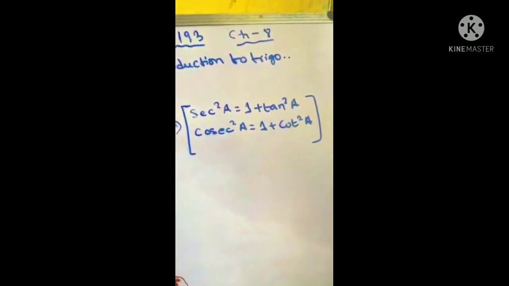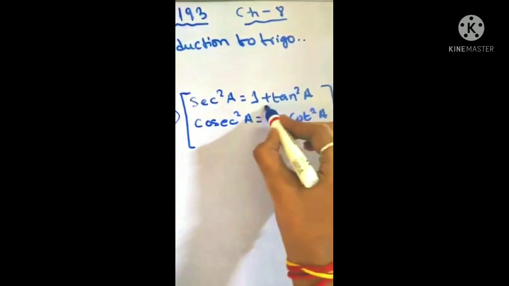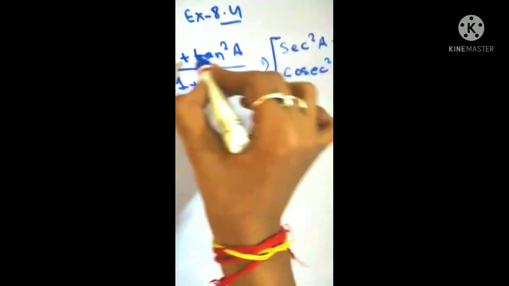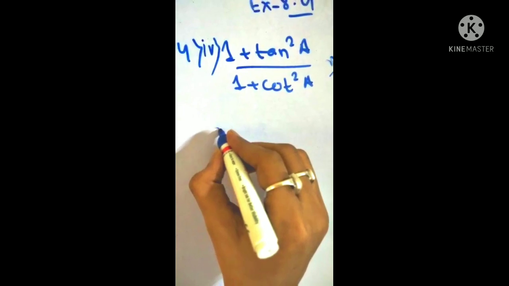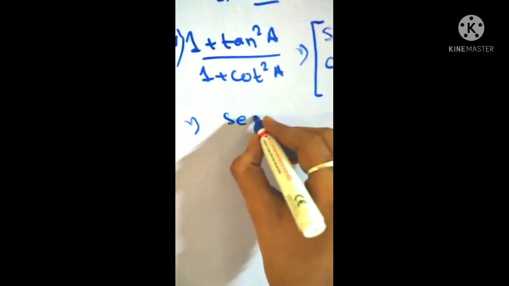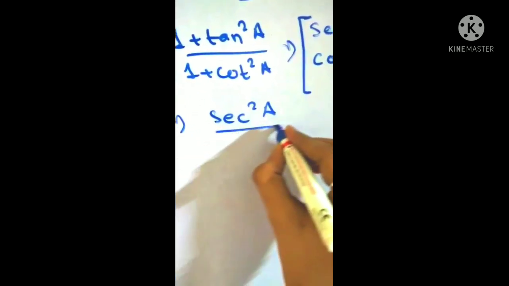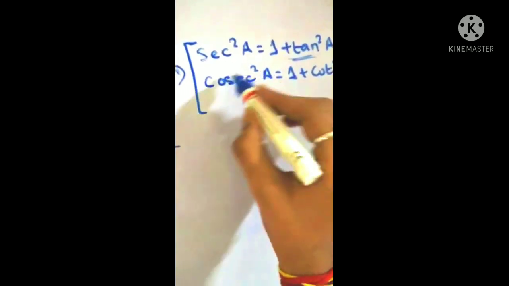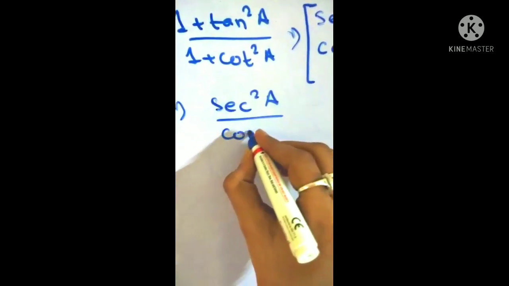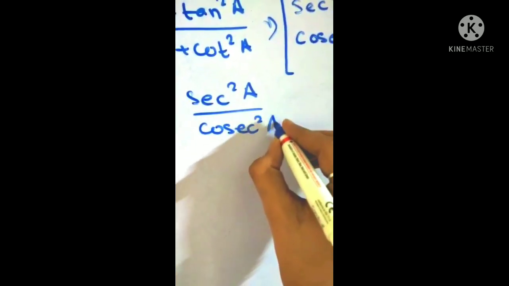So see here, 1 plus tan square a is given in the question. So in place of 1 plus tan square a, I can write sec square a. So I am writing sec square a divided by, again here 1 plus cot square a is given in the question. So in place of 1 plus cot square a, I can write cosec square a.